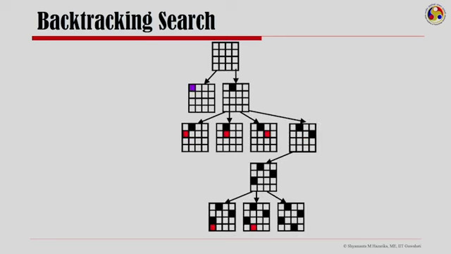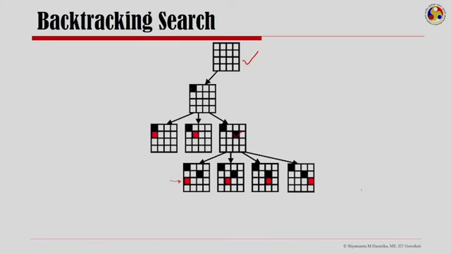So, we backtrack to a point where we put our first queen on the second column, then we have the queen here, and in the third row we could have a legal position at this place. Given these three queens, we could get a legal position for our fourth queen. So, that is our solution. That is how backtracking search works.